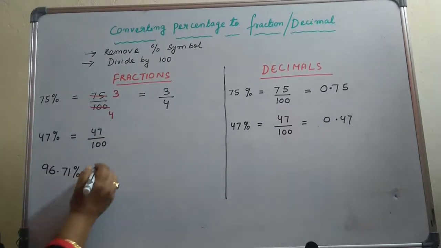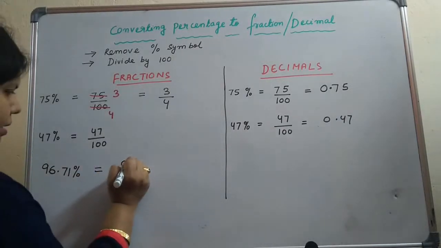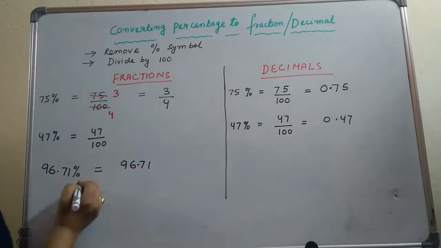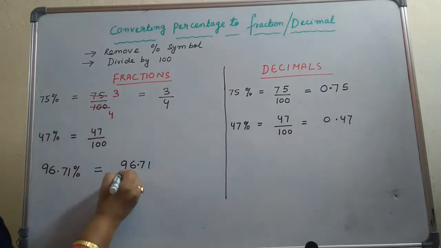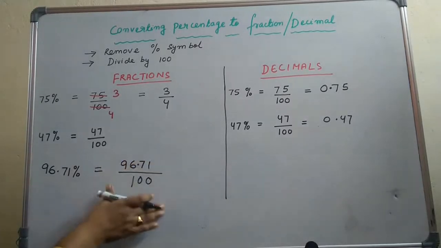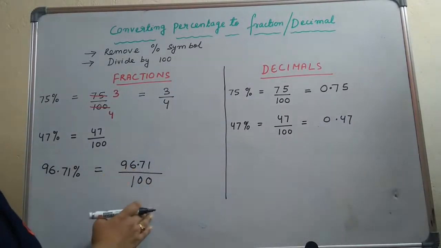How will I do it? Equal to 96.71. For this percentage we will remove the percentage symbol and we will divide by 100. So it will become like this. Now how will we solve it further?